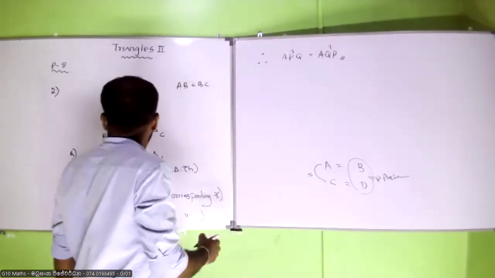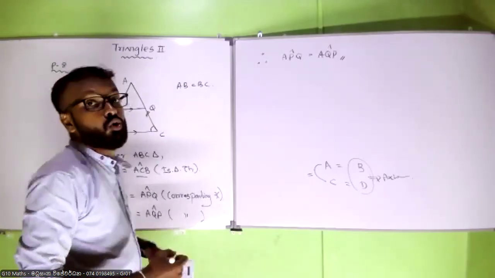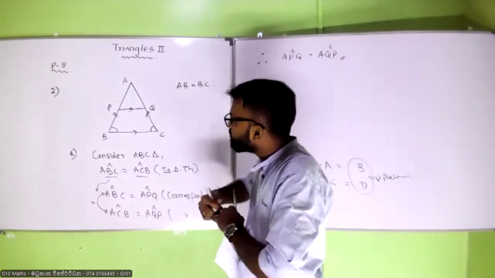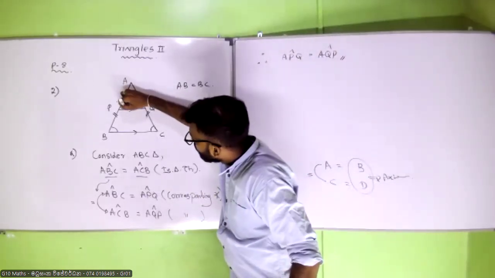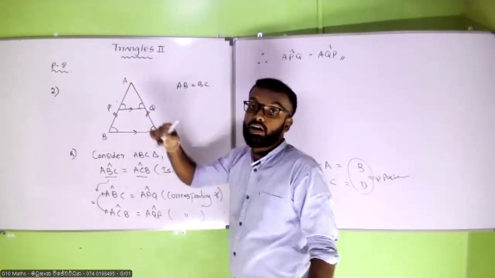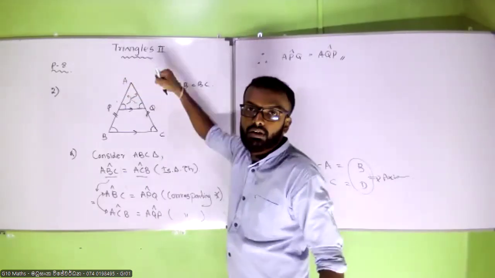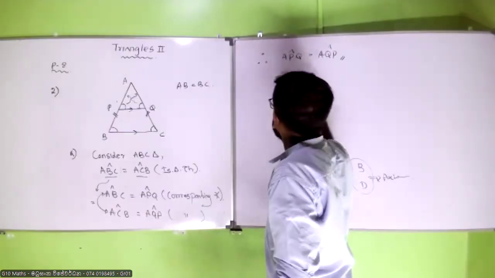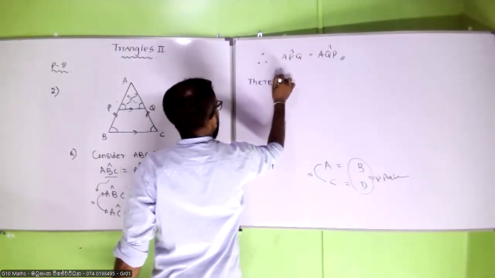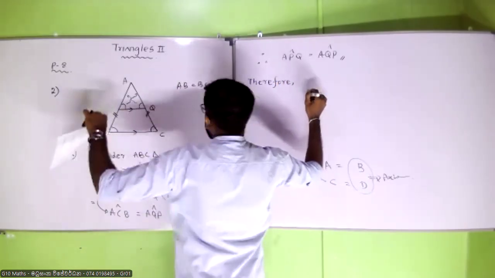Is that the thing we have to show? No, that is not what we need to show. Now we have shown that the angles are equal. Now you can directly write that when the angles are equal, the opposite sides are equal. Therefore you can write AP equals AQ.